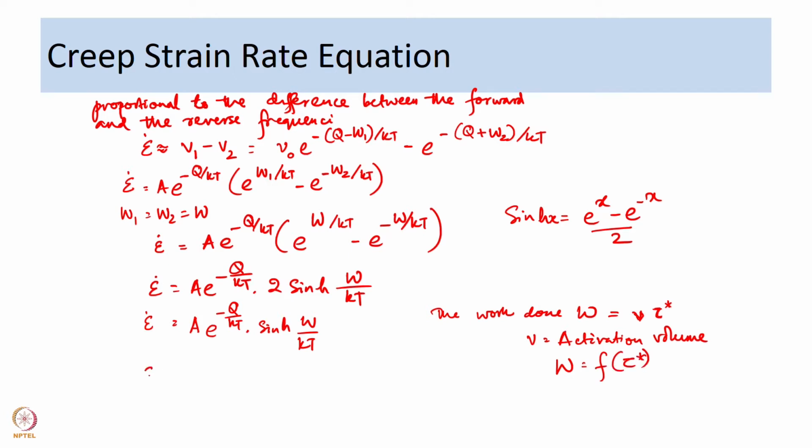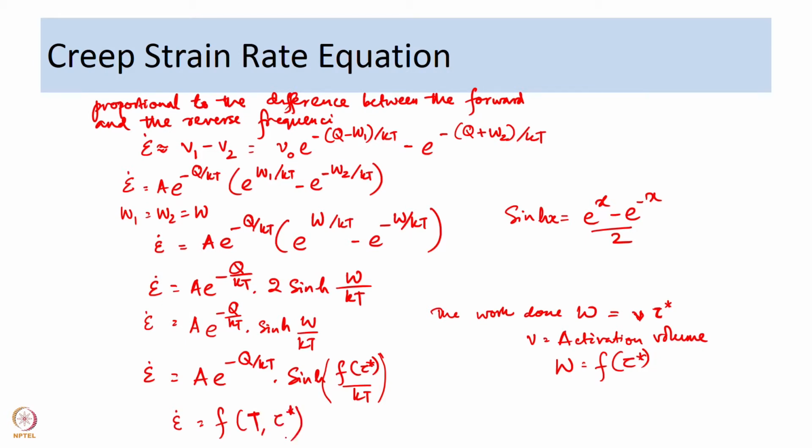This makes strain rate equal to A e to the power minus Q over kT into sinh of some function of tau star by kT. So, what we have arrived at is a relation between the strain rate of deformation, the temperature T, as well as the applied stress tau.